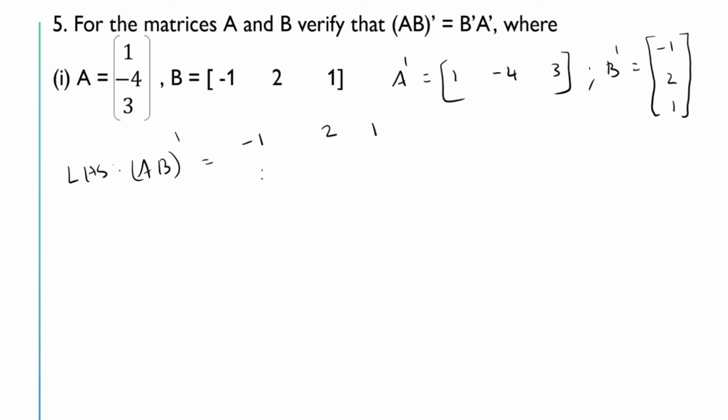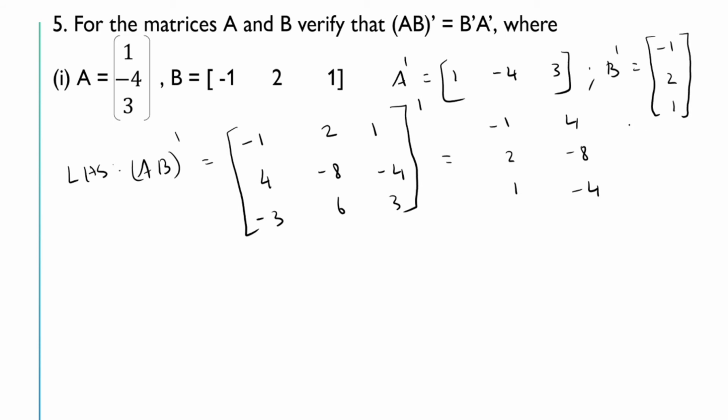Then we have 4 minus 8 minus 4, then minus 3 6 and 3. This whole transpose. So this is equal to minus 1 2 1, 4 minus 8 minus 4 and minus 3 6 3. This is AB the whole transpose.